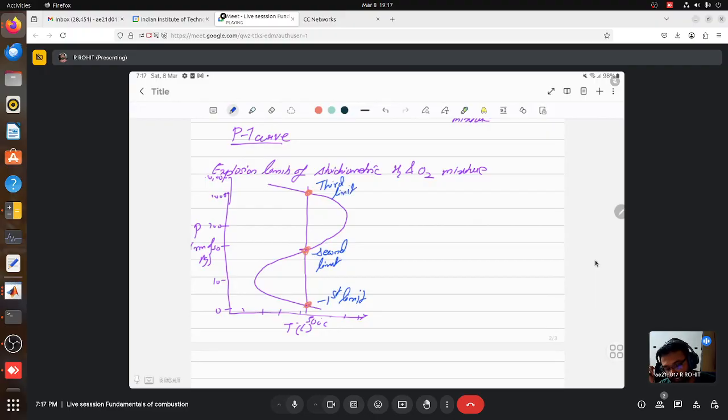And if you see the region of explosion, this was the explosion region, and your non-explosion region, this particular region from 2 to 3, here it was your non-explosion region.